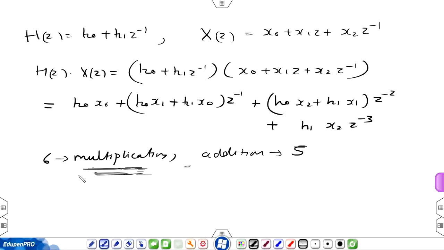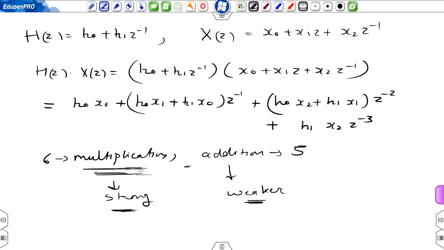So here multiplication is considered a strong operation and addition is considered a weaker operation. Stronger in the sense that it takes more time and more complex hardware is required. Addition takes less time and can be done using simple hardware.